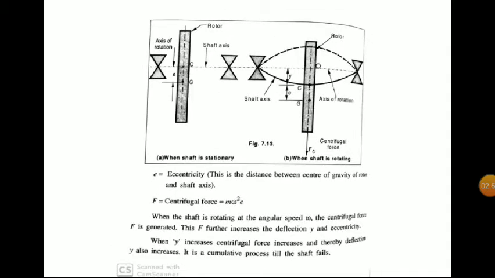And we can compare this rotating or deflected shaft with a spring. What is the nature of a spring? When we apply a force, the spring will expand, and at the same time a restoring force will develop which will try to bring the spring to its initial position. A similar case is established here.